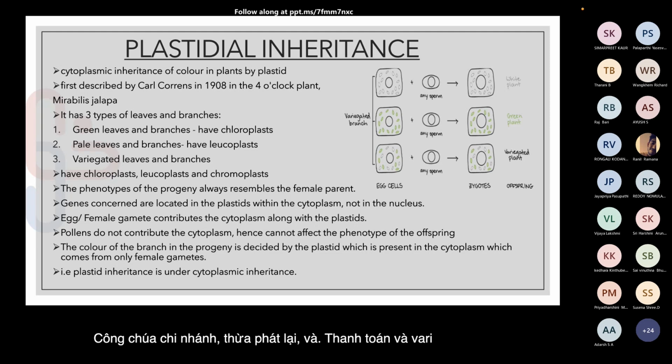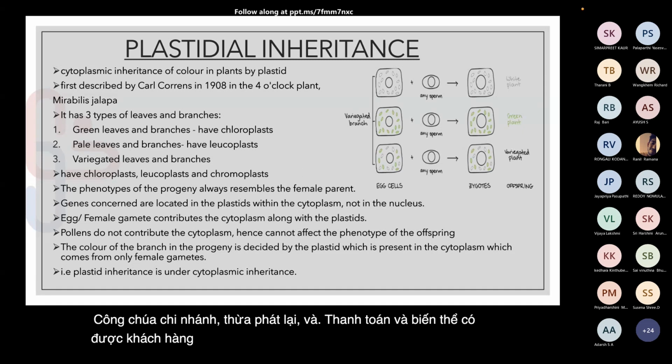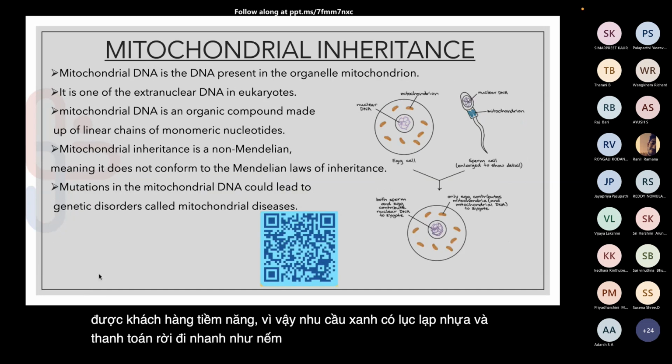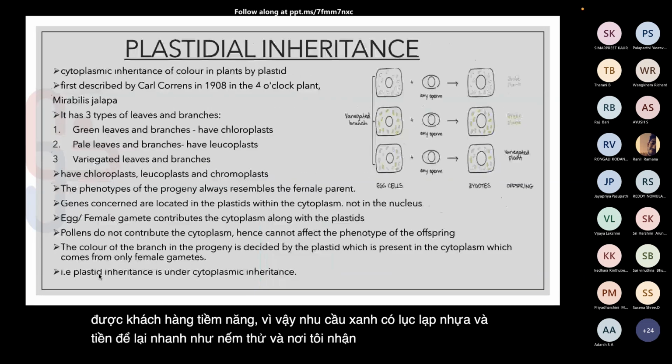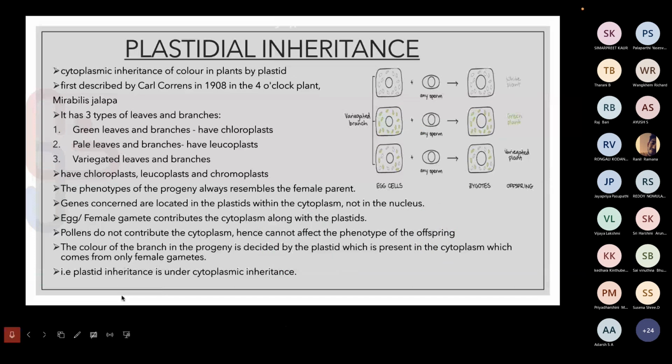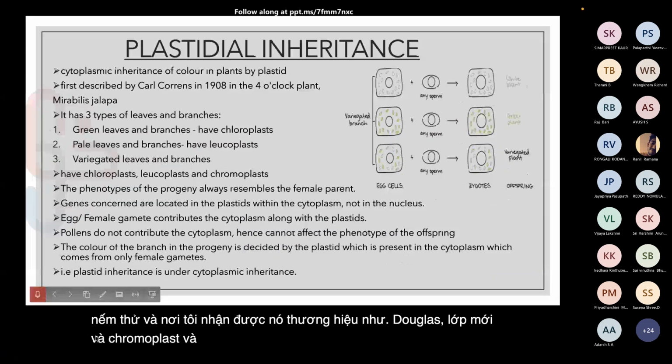The green leaves have chloroplast, the pale leaves have leucoplast as their plastid, and the variegated branch has chloroplast, leucoplast, and chromoplast. That is why they produce a particular colored branch.